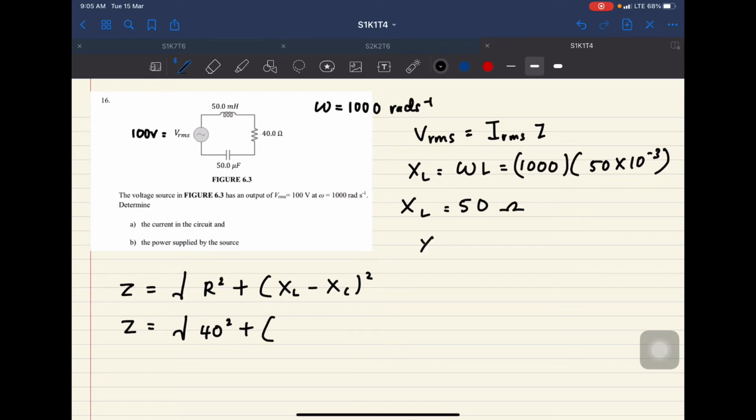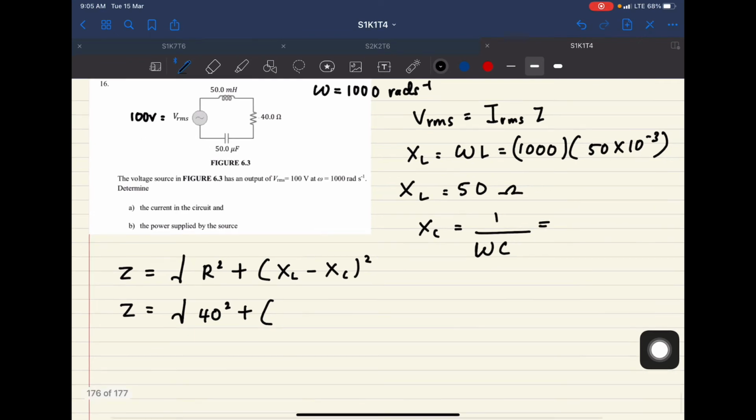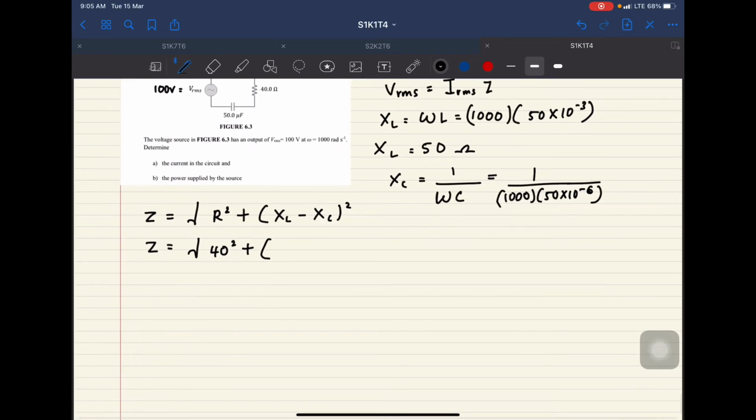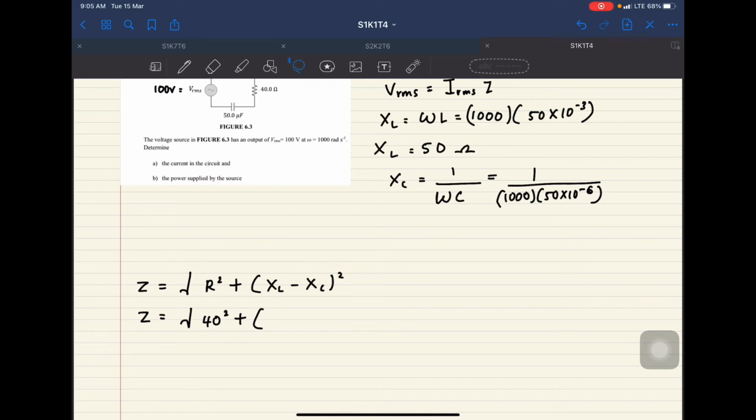Okay, and your XC is equal to 1 over omega C, so 1000 multiplied by 50 micro. So your XC will be 20.